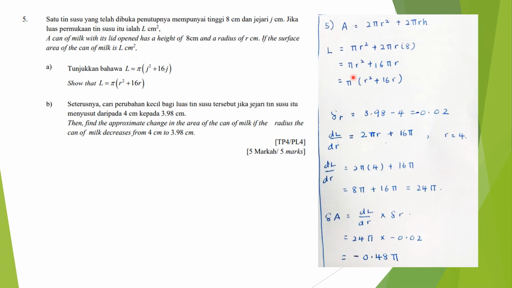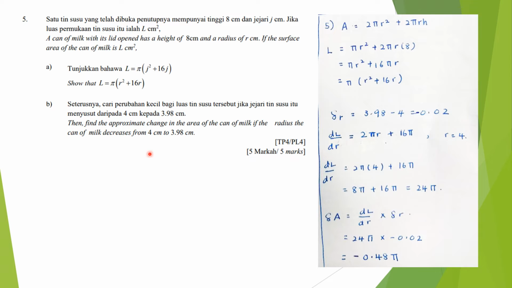Then from here we know that our L is pi r square plus 16 pi r, so we differentiate L over r, so pi r square becomes 2 pi r, 16 pi r becomes plus 16 pi, and we substitute with r equals to 4, the original value.